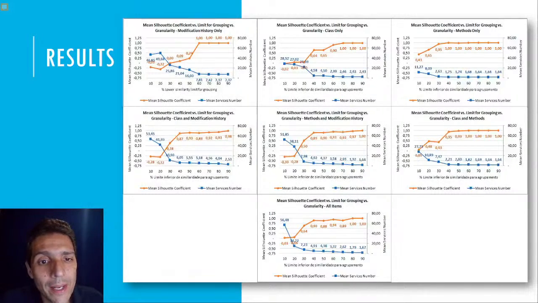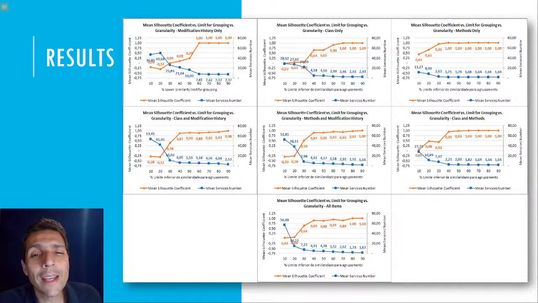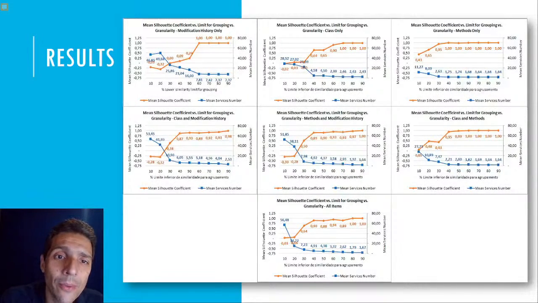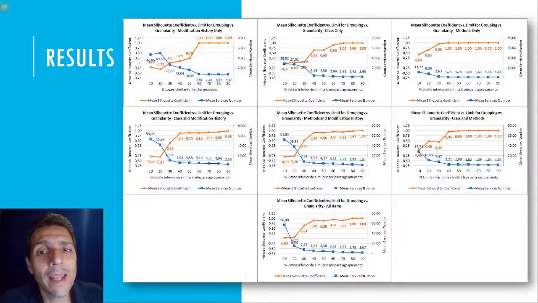This is really huge, which means that we can use the silhouette coefficient to control or suggest thresholds where the suggestions are low coupling. If the silhouette coefficient is 1, they really don't have intersection. If it's 0.9, they have a little bit of intersection, but it's really low coupling.